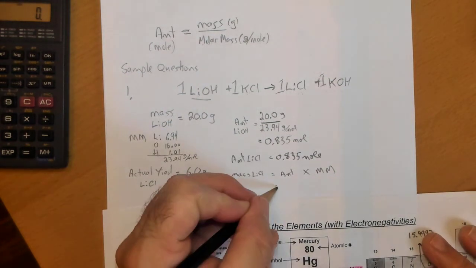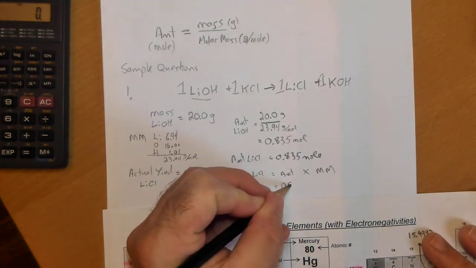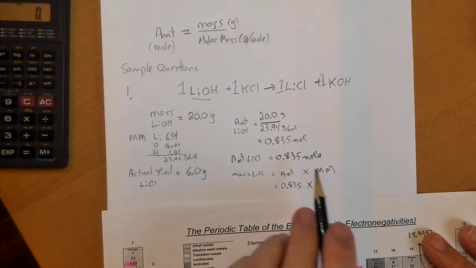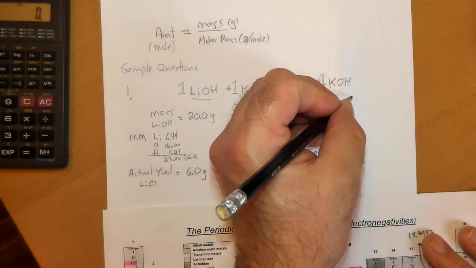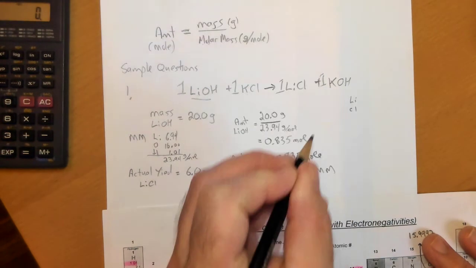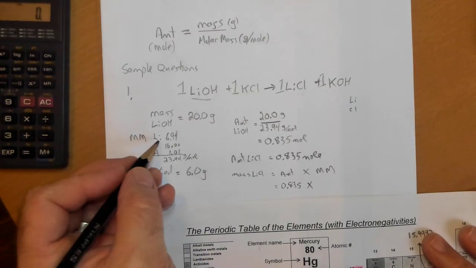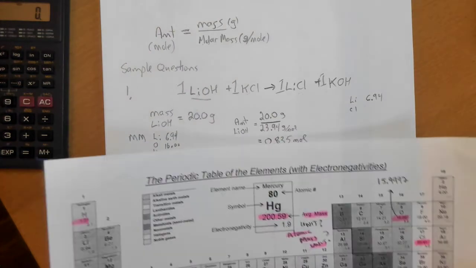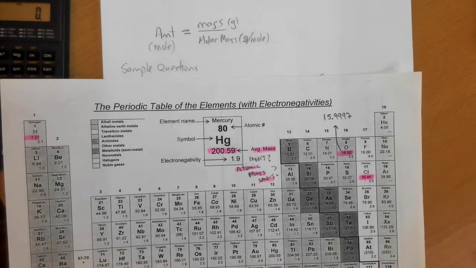The amount, 0.835. And now we need the molecular mass of lithium chloride. So again, off to the side, I go lithium and chlorine. There's only two atoms involved. Lithium is the same, 6.94. Chlorine from my table, 35.45.